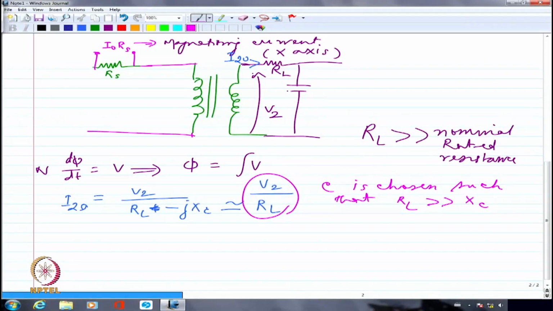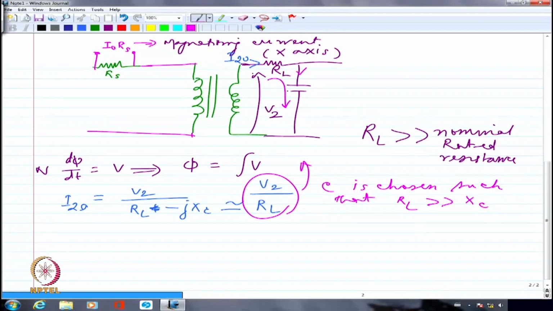If I look at the current that is flowing here, please remember the CRO terminals are like voltmeter terminals. So obviously there is hardly any current going into the CRO. So the entire current that is flowing here has to flow only through the capacitance. So I am having the current to be V2 by RL.